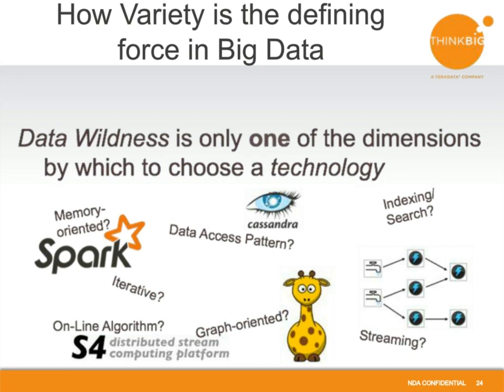You have graph-oriented functionality, indexing and search capabilities, and streaming capabilities. Streaming has become a lot more prevalent, and there are many different streaming technologies now. Whether you like your ESB to be ActiveMQ or Kafka, it doesn't really matter. Streaming technology is really coming to the forefront.